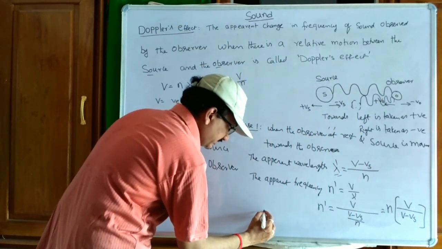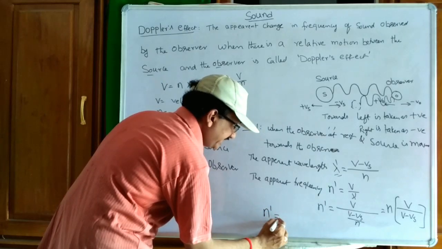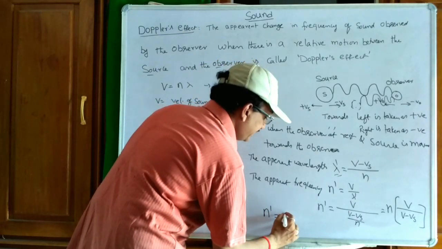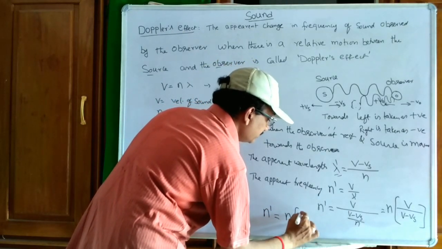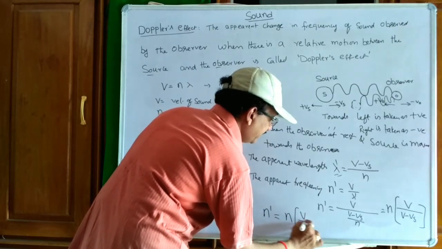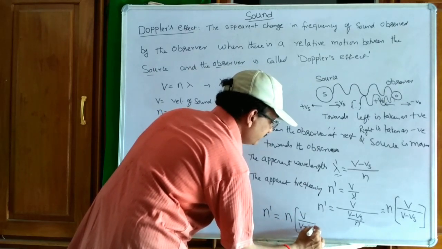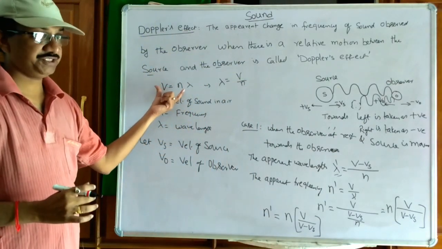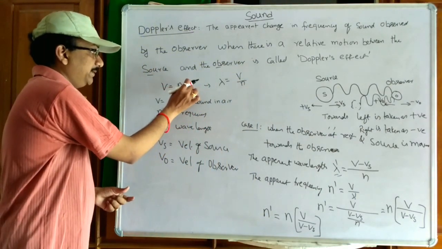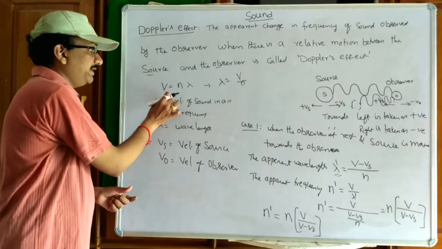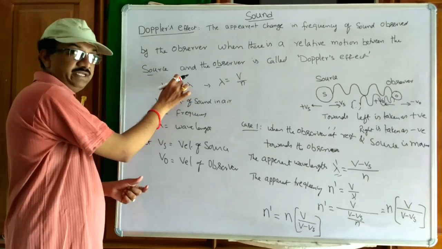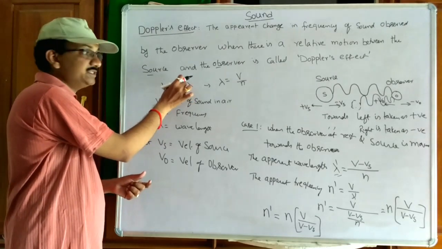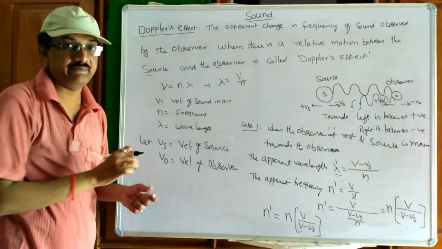Here the expression is N dash is equal to N into V by V minus Vs. Here we have to remember this notation. If I want lambda, lambda is taken as V by N. If I want N, N should be considered as V by lambda.